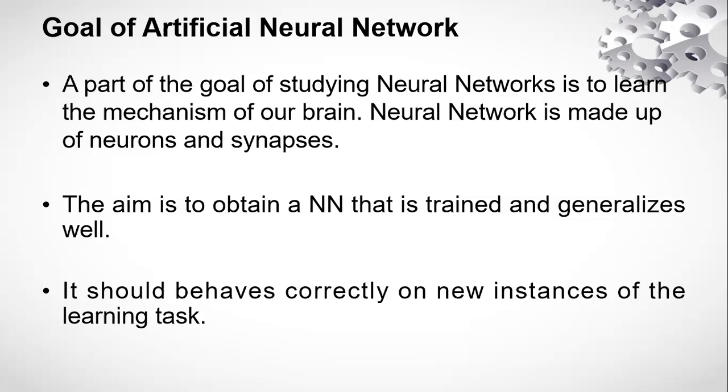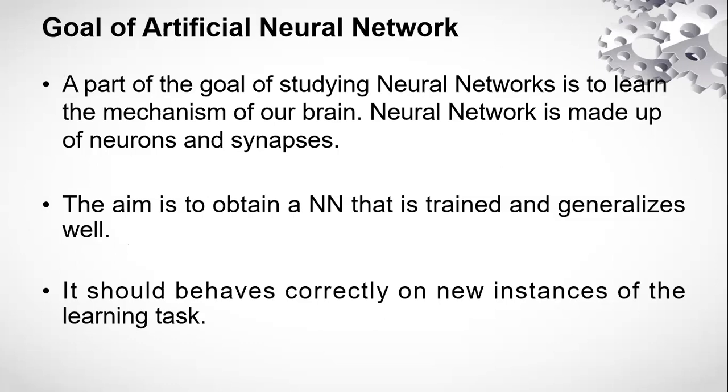So we are going to imitate this brain and create solutions which are close to human intelligence. This neural network is made up of neurons and synapses. We are going to do this in detail in the next lecture, so I'm not just focusing on this part.